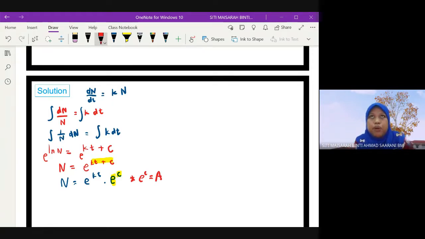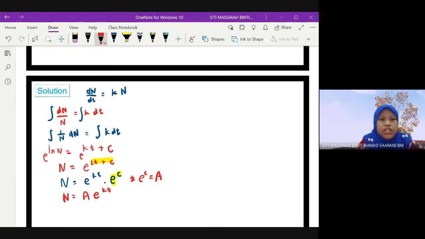Kalau contoh E power of X, X tu can be anything, yang tu dia tak boleh represent sebagai A, dia mesti constant. So jadi kat sini kita dapat N equals to A E power KT. So this is our N.